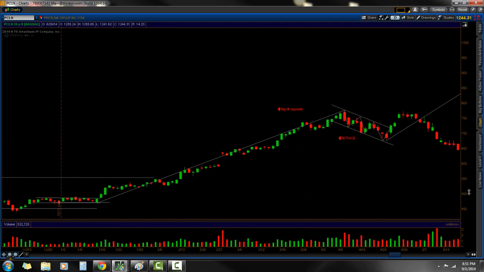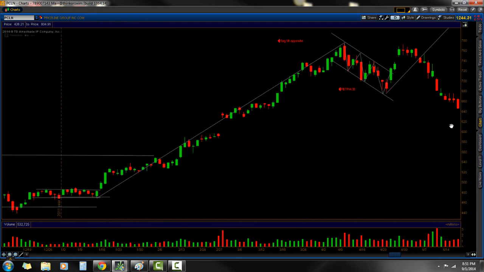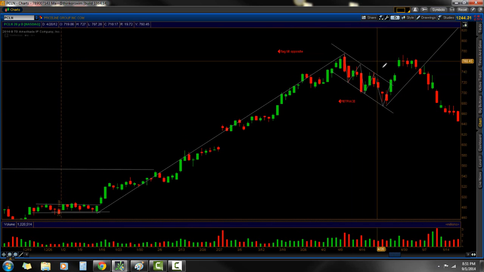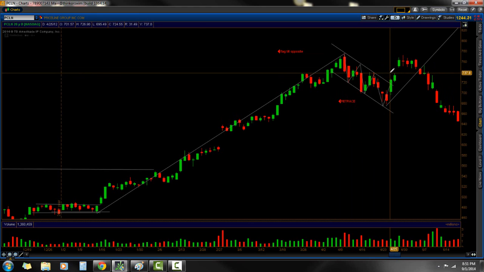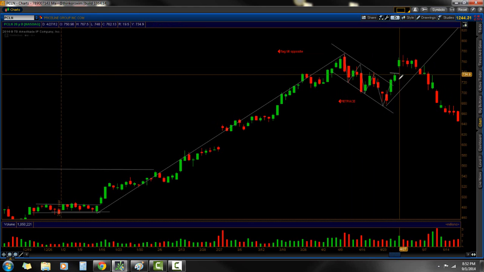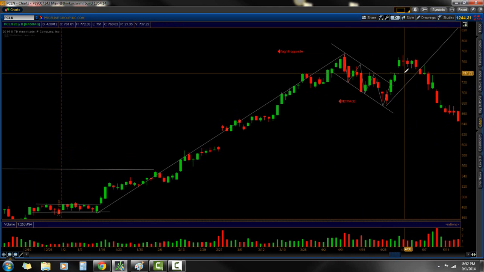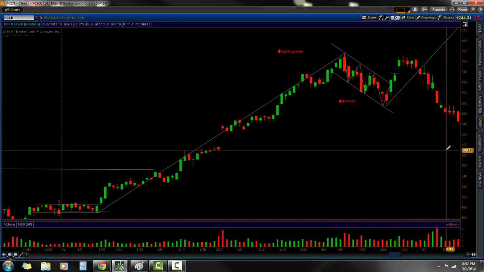Okay, and then of course we have our confirmation candle here that closes above our break. And then as always, new traders, you're going to buy a penny above the confirm. Okay, so you're going to buy right there at about 7:30 something. And you're in.